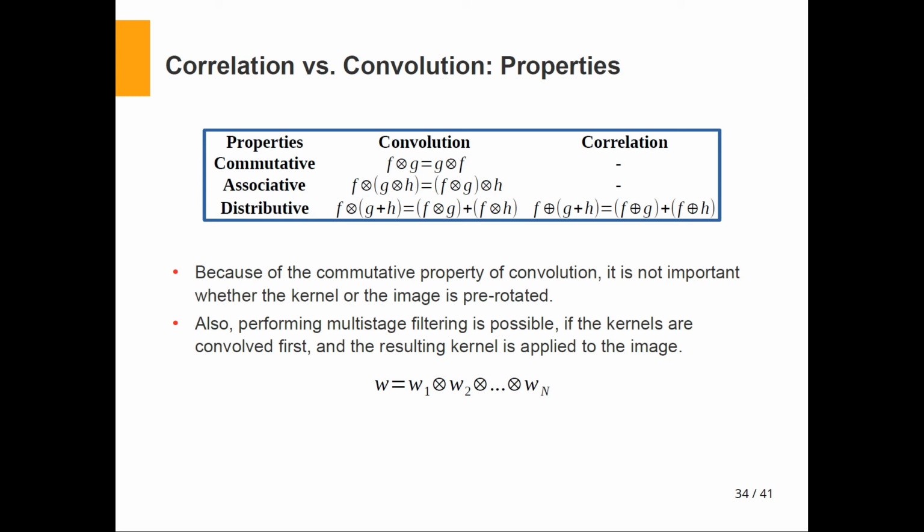Also, and this is a very useful feature, when we have multiple stages of filtering, it is very useful to use these commutative and associative properties, because we can first convolve all the filter kernels together and then convolve the result with the image. In terms of final result, it doesn't make any difference, but we cannot say the same thing about correlation.